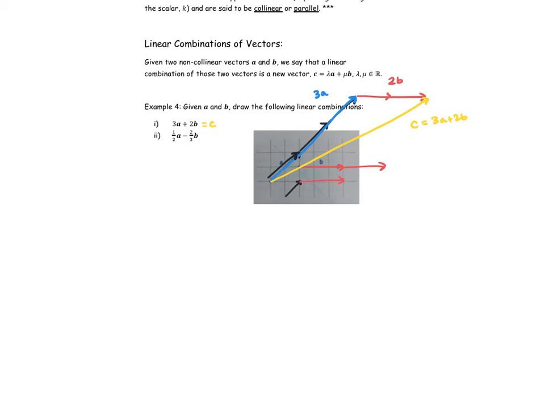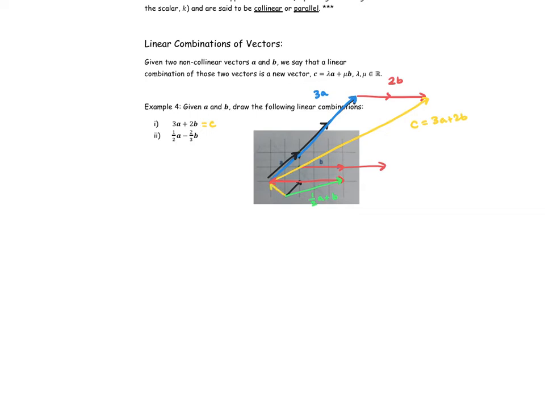Here's b tagged onto that. So if this were our new vector, this would be the vector half a plus b. But I want minus 2/3 b. That means I'm going to send this vector b in the opposite direction, 2/3 of the length of what it was before.